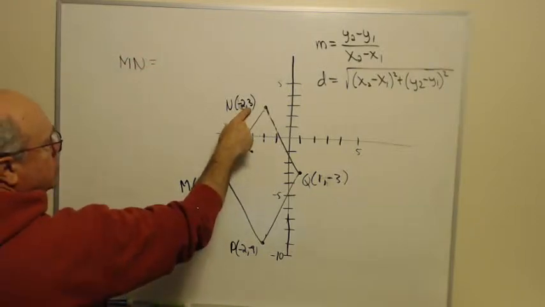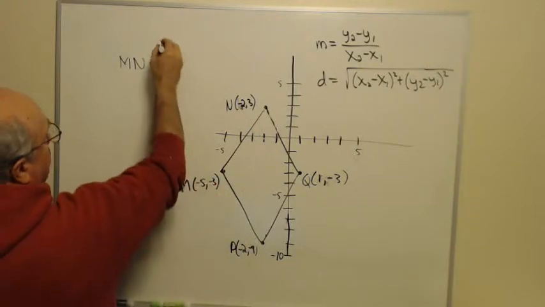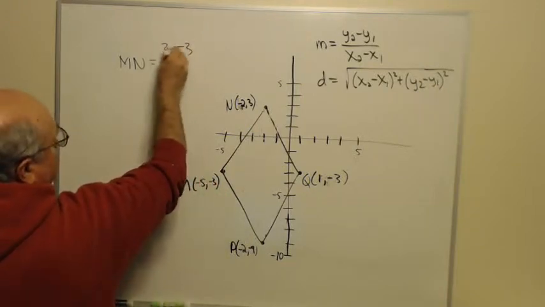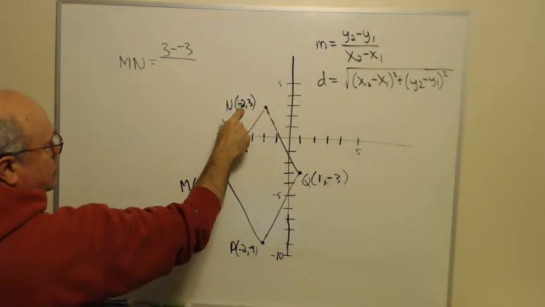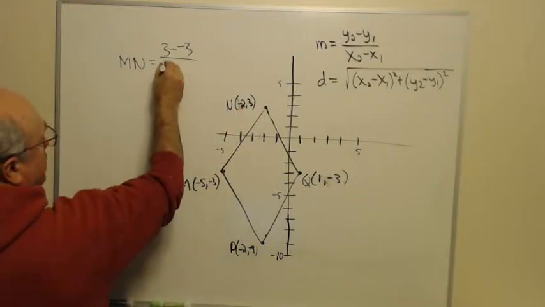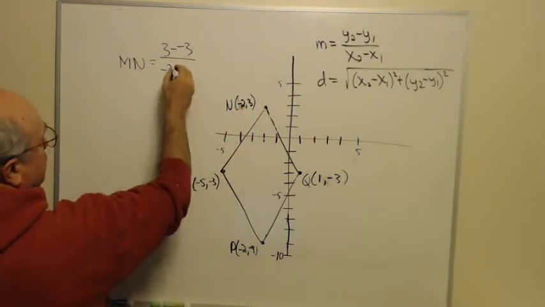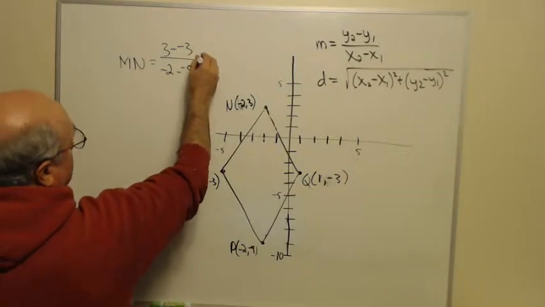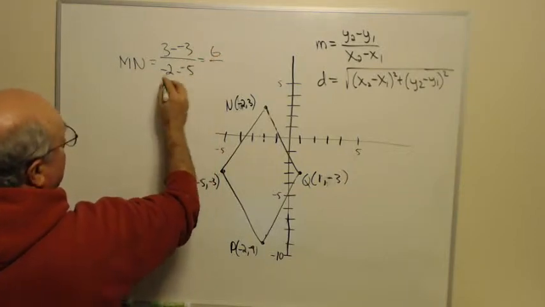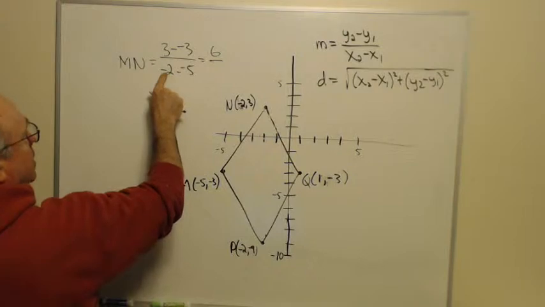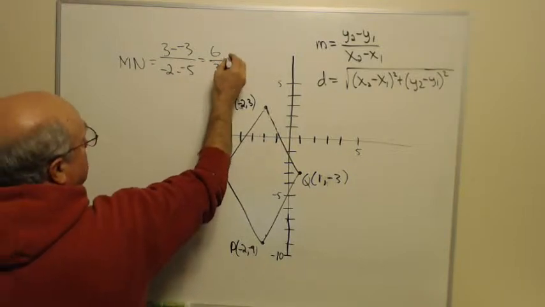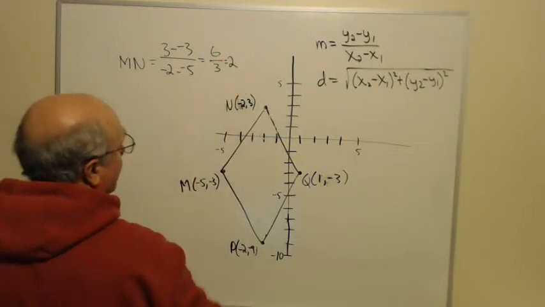Y2 minus y1, that's 3 minus -3. X2 minus x1, that's -2 minus -5. That's going to be 6 over -2 plus 5, which is 3. That slope is 2.